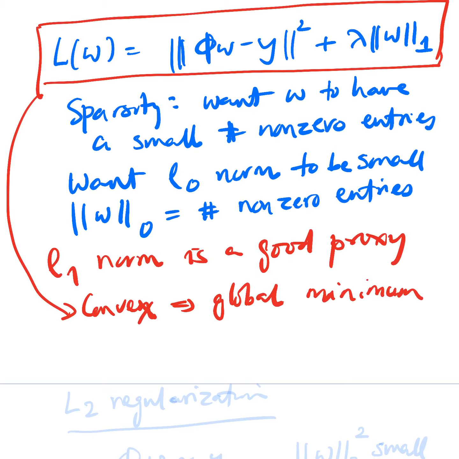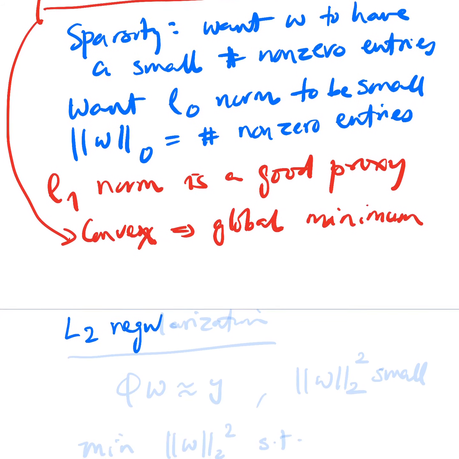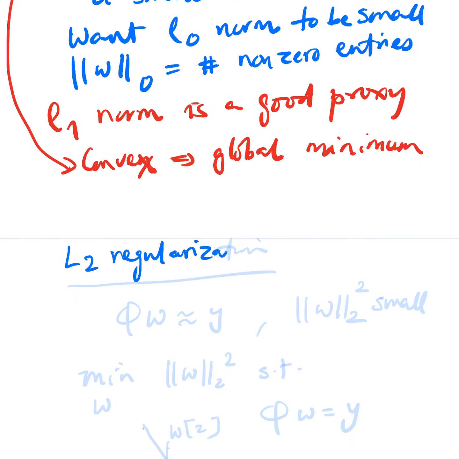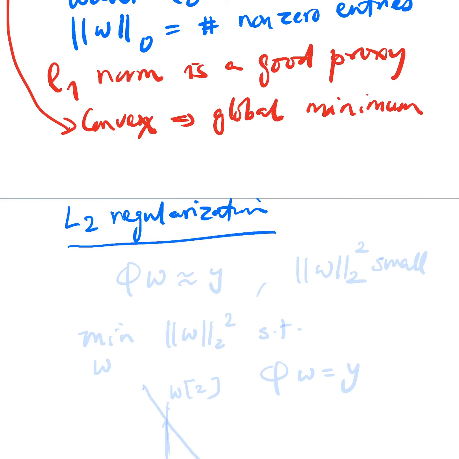Okay, so remember what I'm trying to do with the L2 regularization. I'm trying to fit phi W to Y, and I want the norm squared of W to be small.